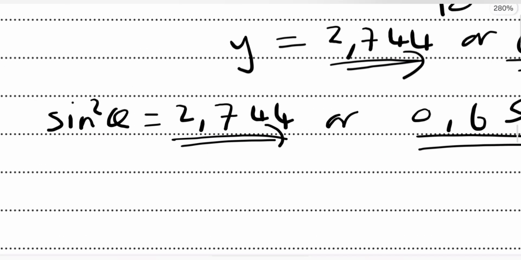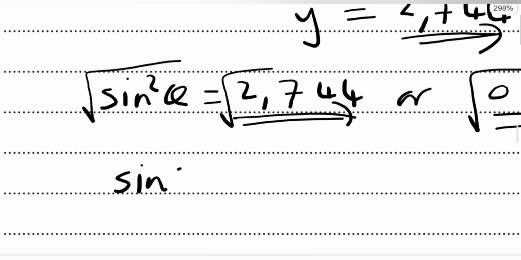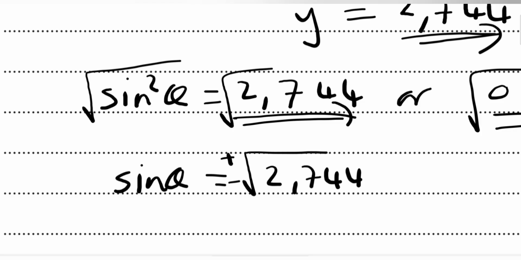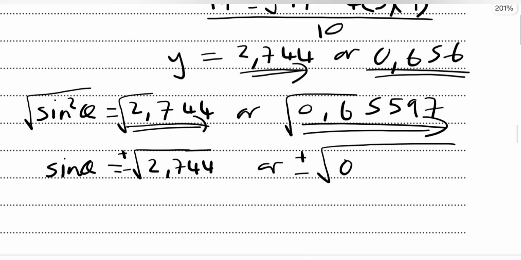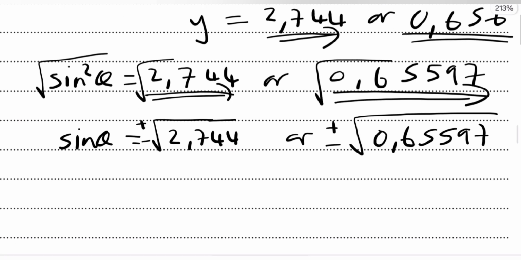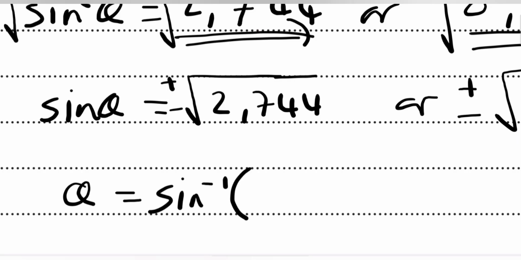Now with this, to get theta, we know we first have to square root both sides, right? So that we can have sine theta being equal to plus or minus root of 2.744 or plus or minus root of 0.65597, like this, right? So our theta will be sine inverse.